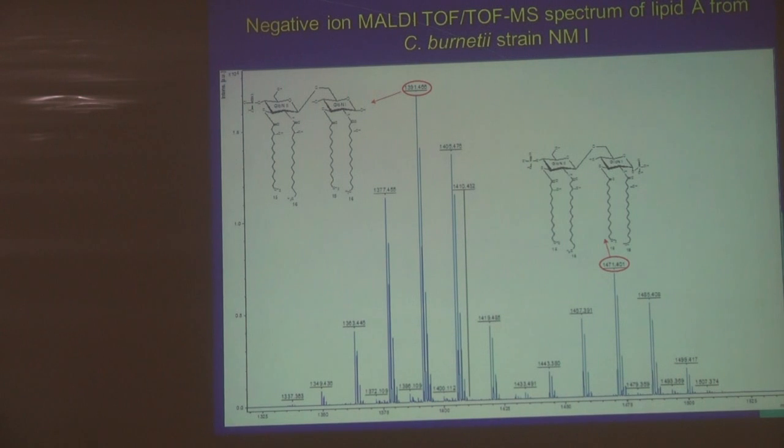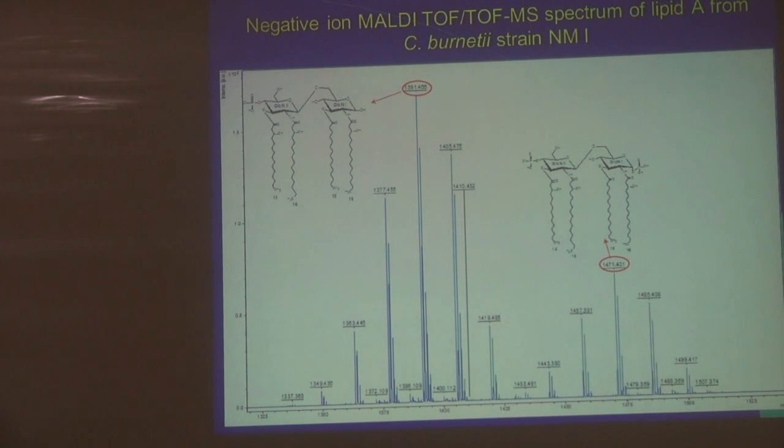So you see here a diphosphorylated form. Here is a monophosphorylated form. Here you have masses for this structure shown here, but then minus CH2, 14, you have another fatty acid. So the distribution of fatty acids is much more subtle.